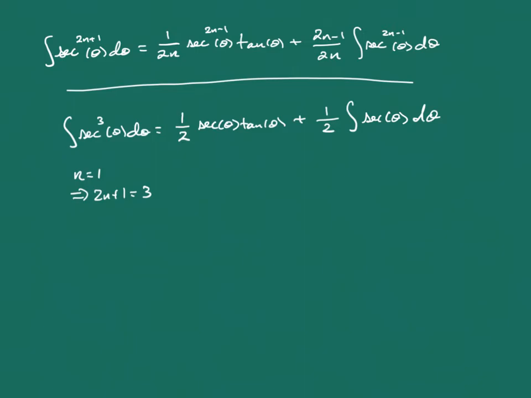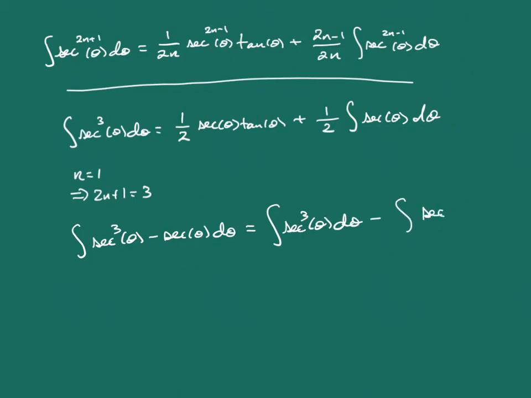So now what we wanted to evaluate was the integral of secant cubed of theta minus secant of theta d theta. If we split this up, it's the integral of secant cubed d theta minus the integral of secant of theta.